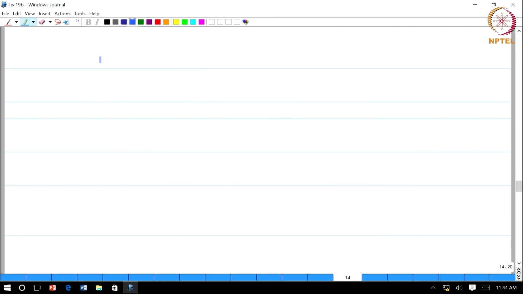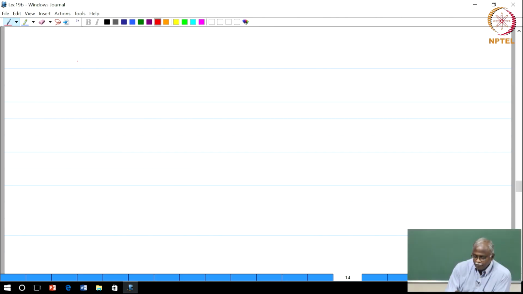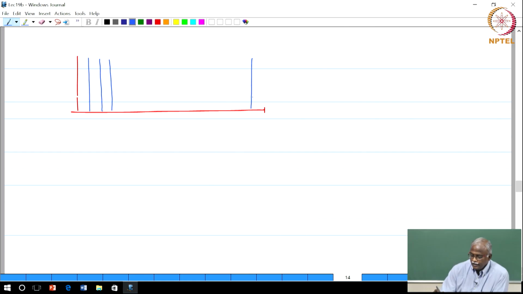In OFDM, the basic principle is as follows: whatever your bandwidth 0 to 2 pi is, you think of it as divided into a number of narrow carriers. Each of these lines is a center frequency.